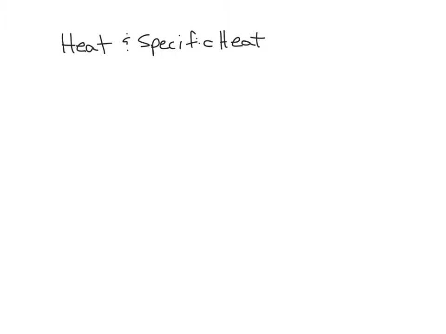Another piece to this is understanding that different materials, based on how they're designed or based on their molecular composition, can absorb different amounts of energy before they start to degrade, right?